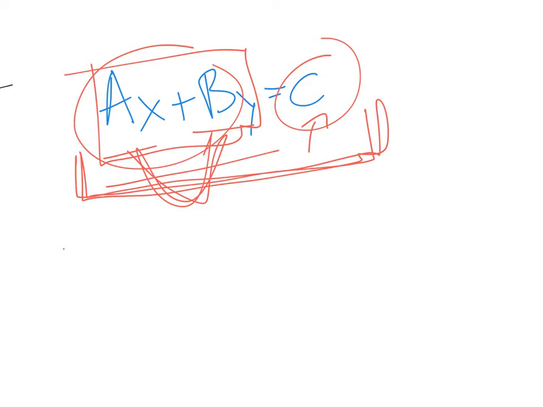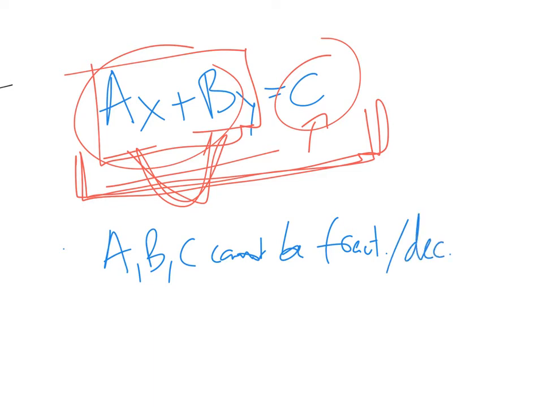Okay, another rule about standard form is that A, B, and C cannot be fractions or decimals. So that means if we had something written like 2/5 x minus 3y equals 1/4, well, this is close to standard form, right?